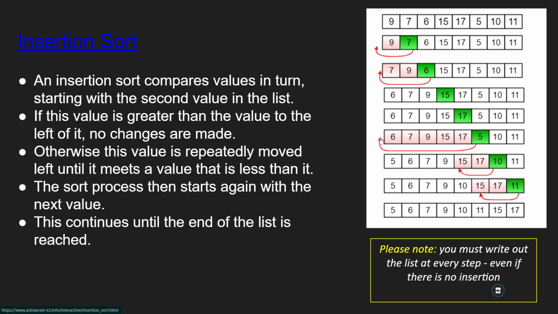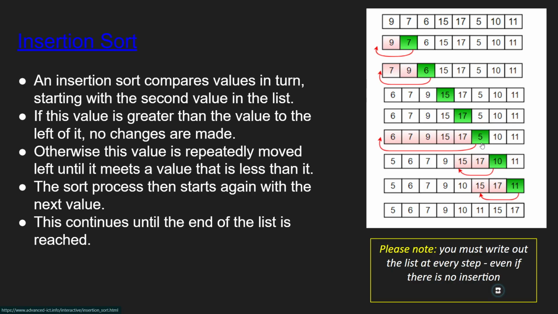Remember, I never say switch the value. We are not switching the value here. We are moving a value. What does it mean? I'll show you a bit extra when we write the Python code. For now, remember that there is no switching happening here. We are just moving the item to its right place.